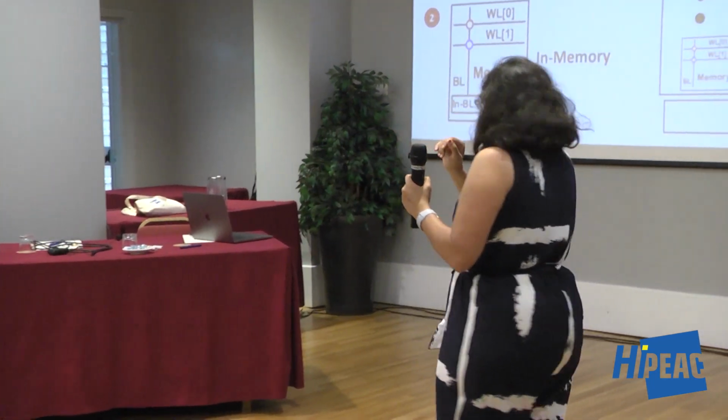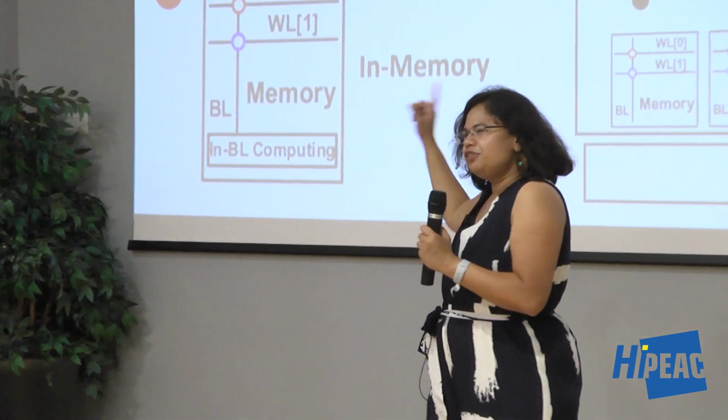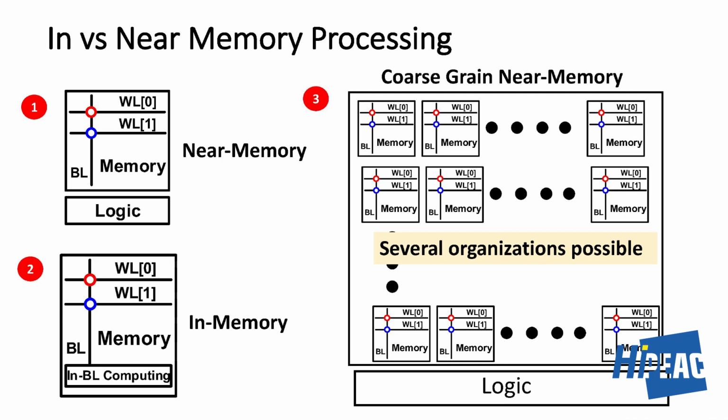Okay. So pay attention here, class. That's the biggest architectural difference between near and in. If you look here, logic is outside the memory arrays. So this logic can grab data from any of the memory arrays, right? So you have a lot of freedom. If you look at this here, what are the 2 operands we are working on?